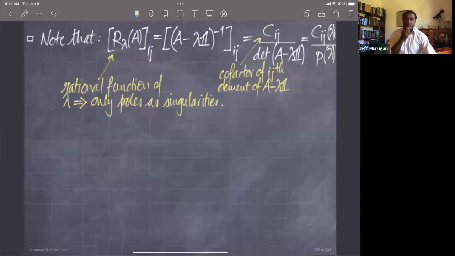And poles are given by the zeros of the denominator, in other words, the zeros of the determinant of A minus lambda. But those values of lambda for which the determinant of A minus lambda is equal to 0 are nothing but the eigenvalues of A.